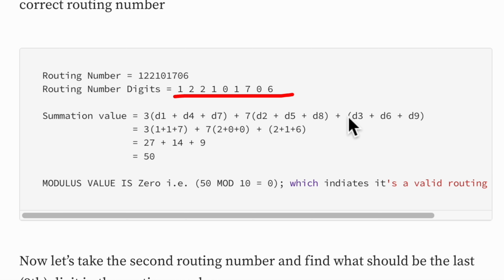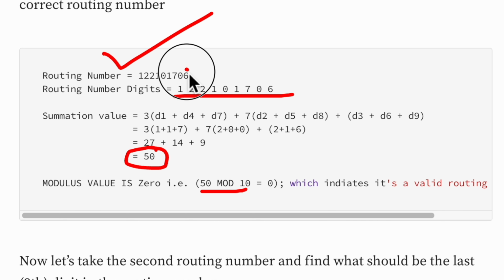The weight was 371, so 3d1, 7d2 and 1d3, then 3d4, 7d5 and 1d6. If we apply that formula and add this, the result we get is 50. And you know that if we divide 50 by 10, the remainder is 0, which means 50 mod 10 is 0. This means that this routing number is a valid routing number.